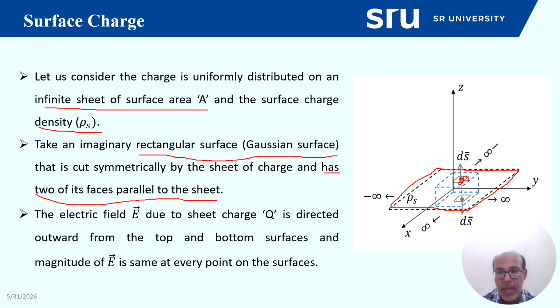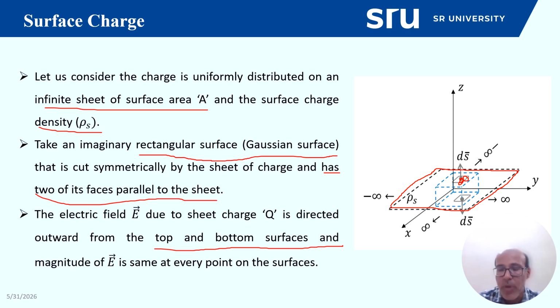Nowhere can you apply Coulomb's law to find out the electric field intensity or the force between the two charges. We have to go only for Gauss law of electrostatics. So one important thing you should remember is that the top and bottom surfaces of this Gaussian surface are parallel to the infinite sheet.